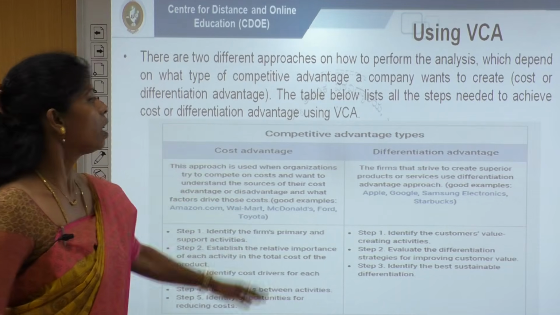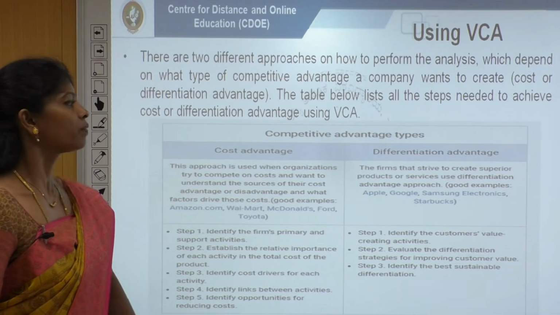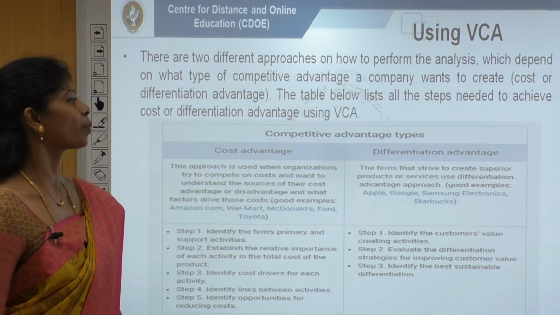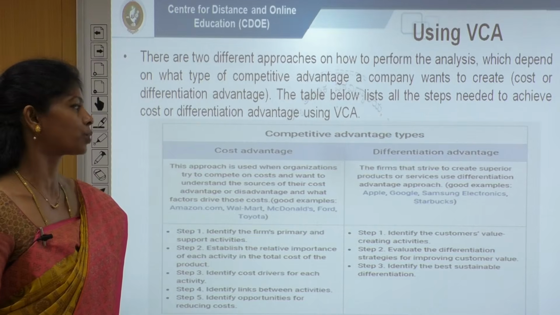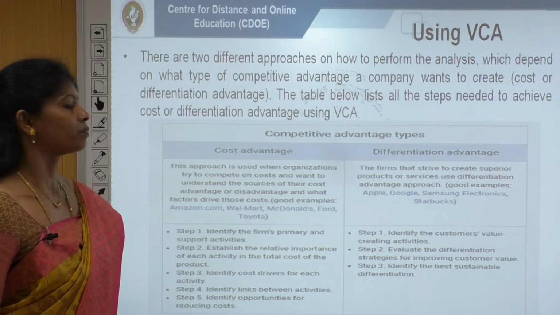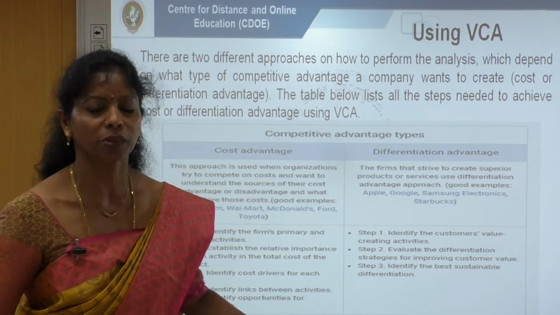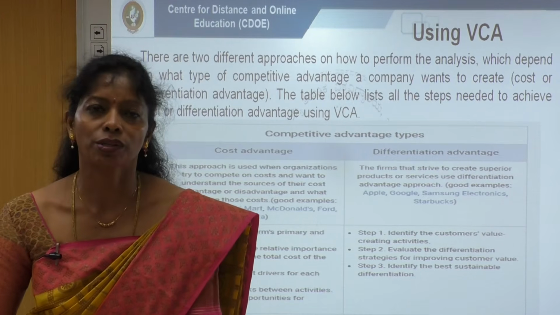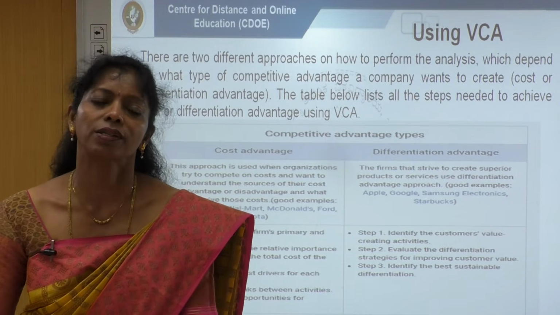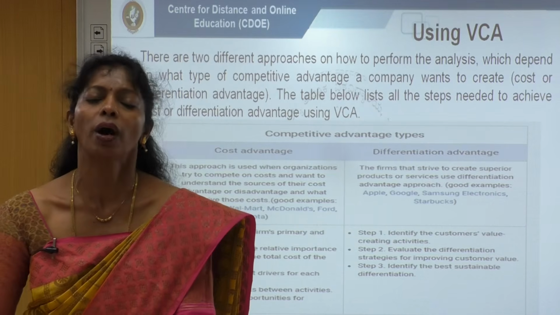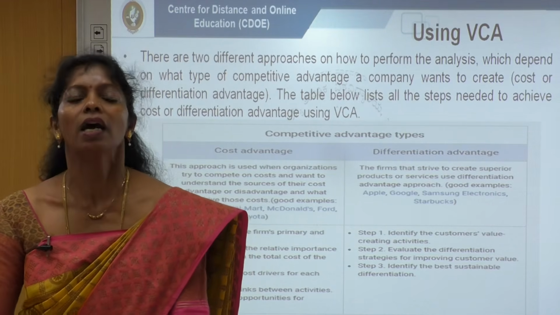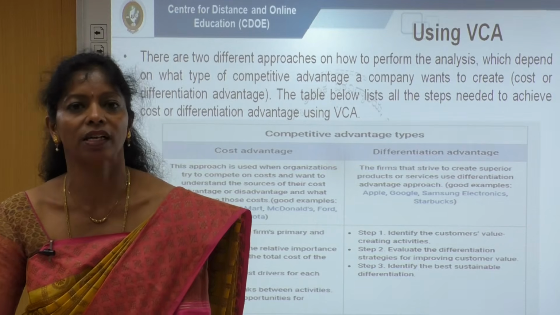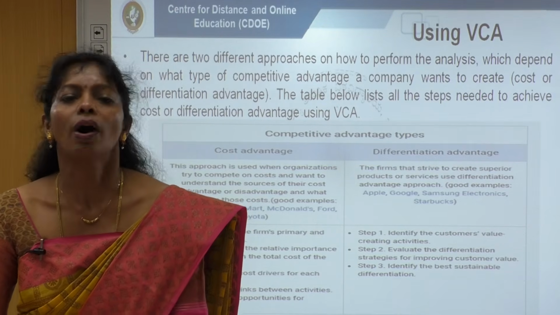When you talk about the differentiation advantage, the firms that strive to create superior products or services use the differentiation advantage approach. For example, Apple, which I had already discussed, and Samsung, which I discussed in the previous session. Apple's iPhone is quite expensive, but it has a unique feature of security, and privacy of data is much higher compared to other competitive products.